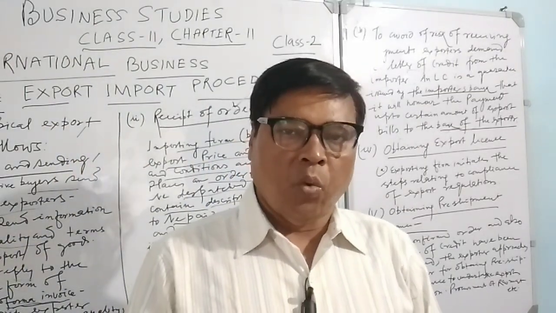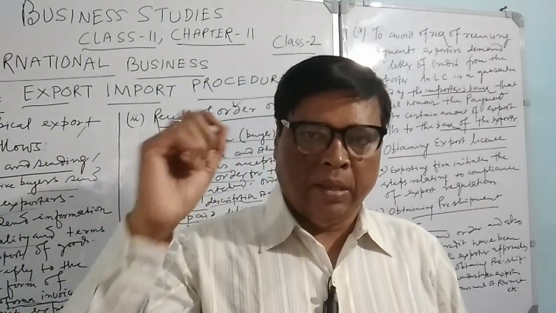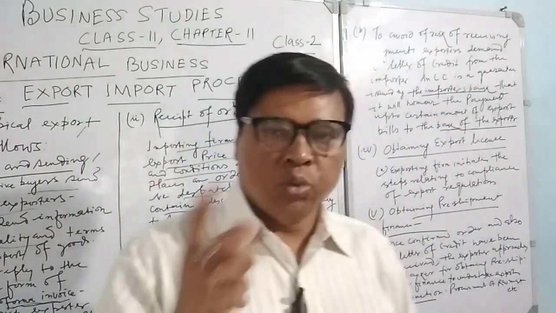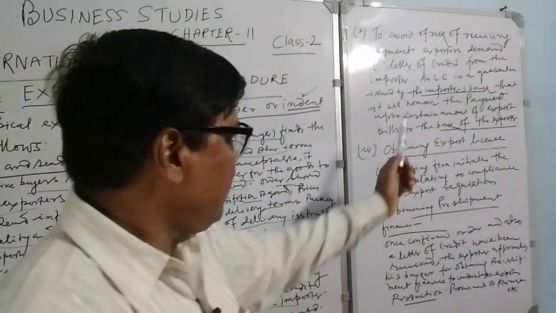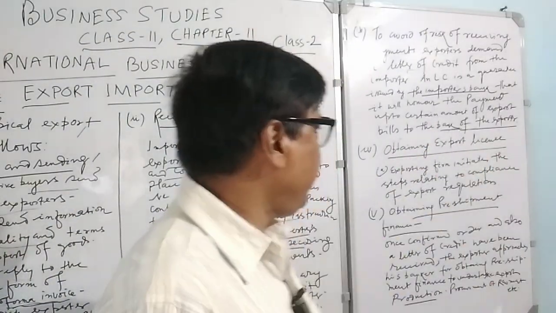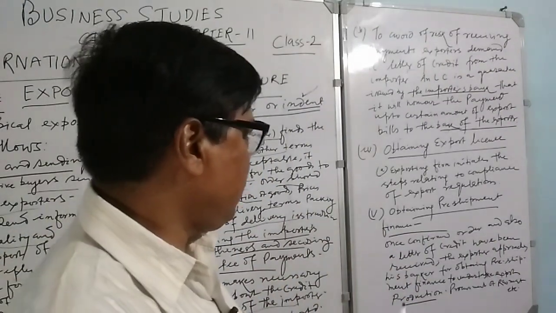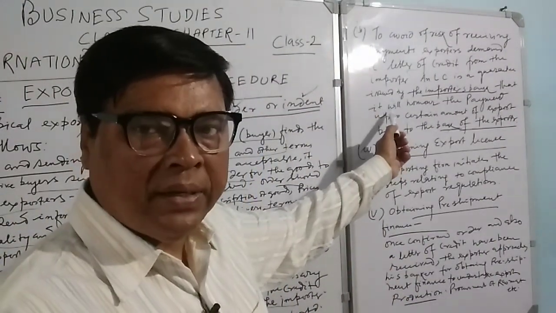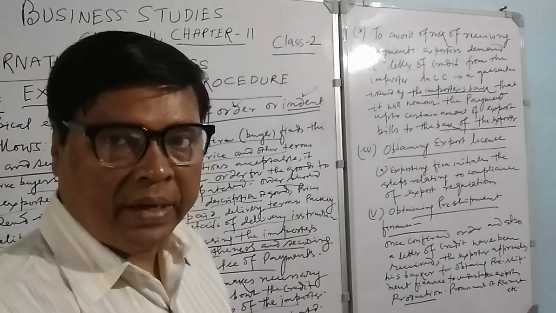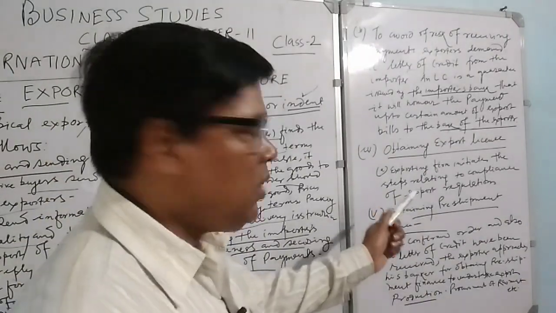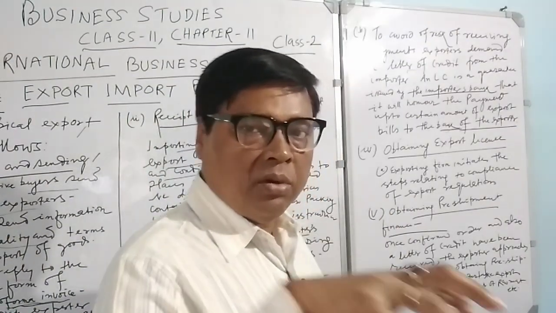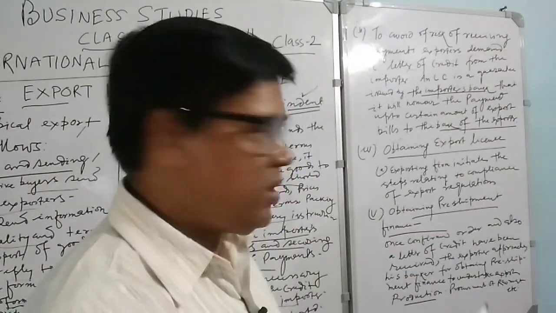The importer's bank, on behalf of the importer, issues a guarantee to the exporter's bank that it will honor the payment on the due date for certain amounts, say 10 lakhs or 5 lakhs. So that is very vital. If this LC is not there, tomorrow the foreign supplier doesn't make the payment, what will you do? So you have to make sure you are satisfied with your future payment and safeguard it.